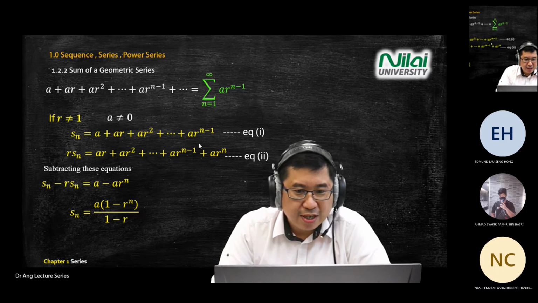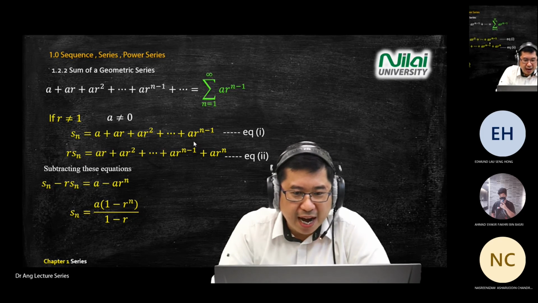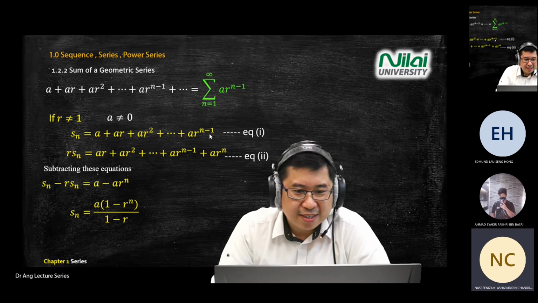What does the minus 1 in the exponent mean? R power n minus 1 means a divided by R, right? So what happens if you multiply by R? You take out the R already, you take out the minus 1 already. Oh, so the minus 1 becomes n. Yes, this one becomes this one.